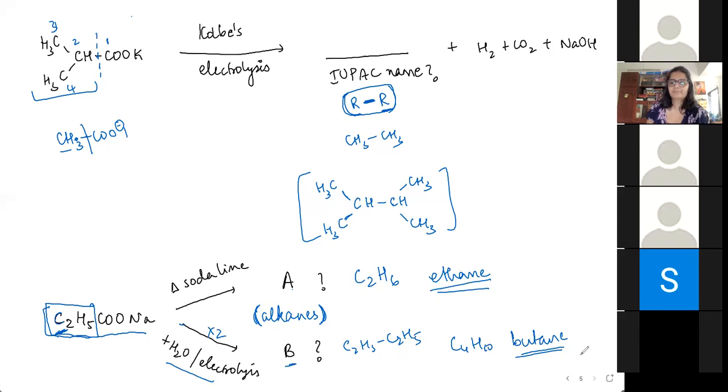Okay. What did you say for soda lime? Same number of carbon atoms. So 2 carbon atoms. यहाँ पे alkane will also have 2 carbon atoms. So based on that also you can figure out which alkane it is. Okay. All right. Final method.